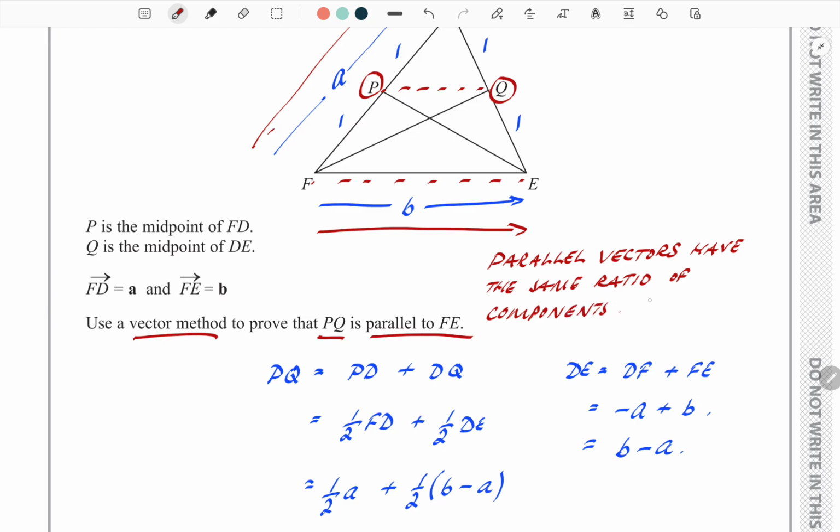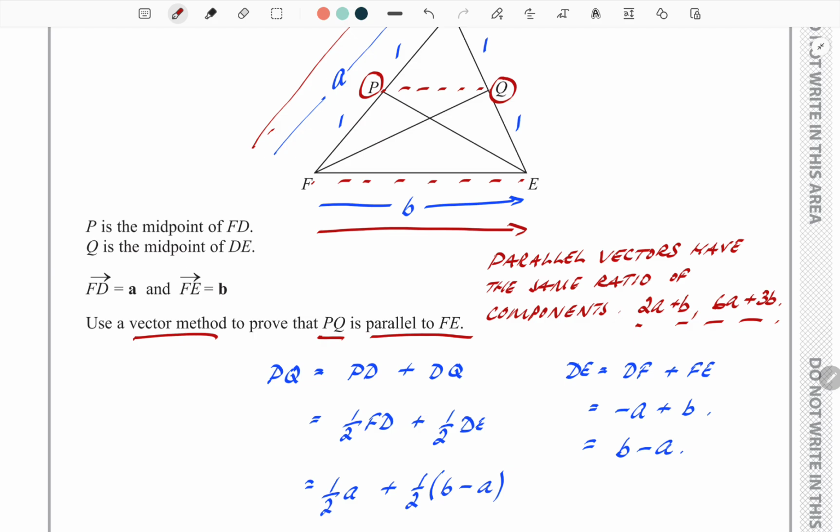For example, 2a plus b, and I don't know, let's make it 6a plus 3b. Those are parallel, for example, because the ratio of a to b is the same in both cases.